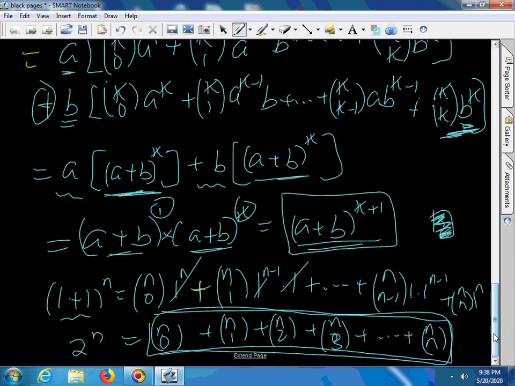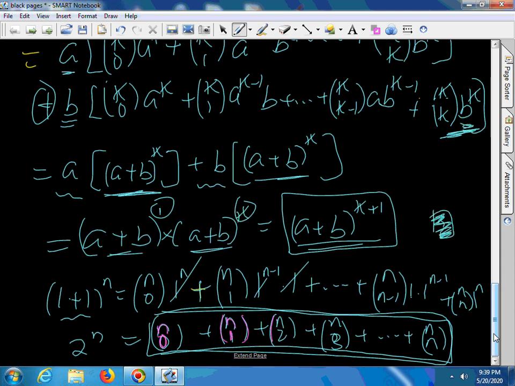And more importantly, if you have a set of size n, and you want subsets, well, from those n you can make subsets of size 0 in n choose 0 ways. You can make subsets of size 1 in n choose 1 ways.